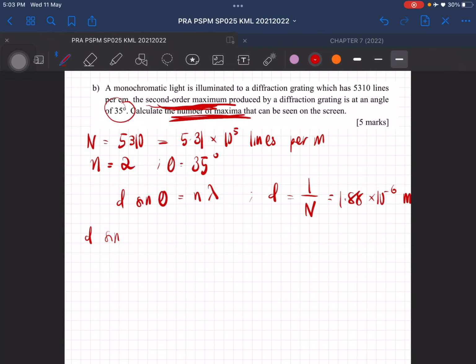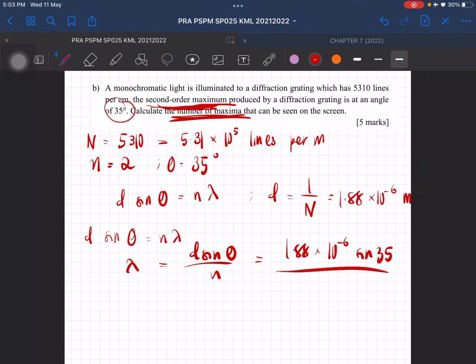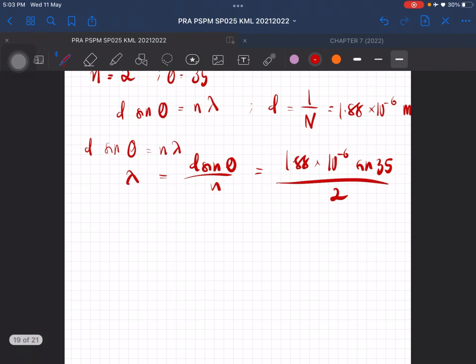So we can use this equation to find lambda. So lambda is equal to d sine theta over n, which is 1.88 times 10 negative 6 sine 35 divided by 2, which is the second order maximum. Okay, so lambda is going to be equal to 5.4 times 10 negative 7 meter.